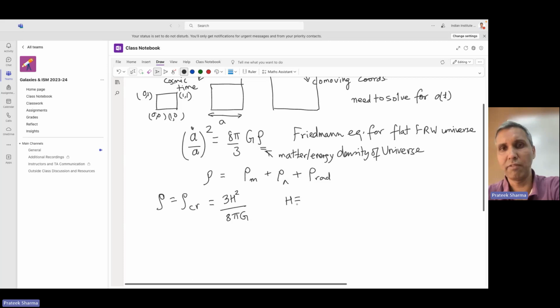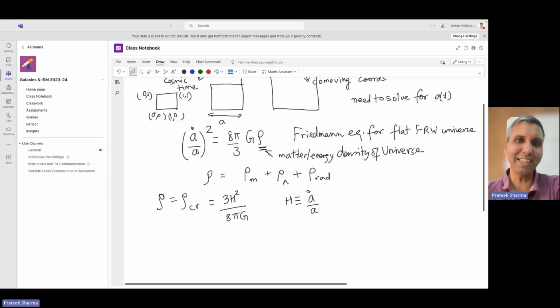H is defined as a dot by a. The value of a dot by a at the current time is H naught, which is 70 kilometers per second per megaparsec. But a is in general a nonlinear function of time. So basically, the sum of the densities of all the matter in the universe is equal to the critical density of the universe.